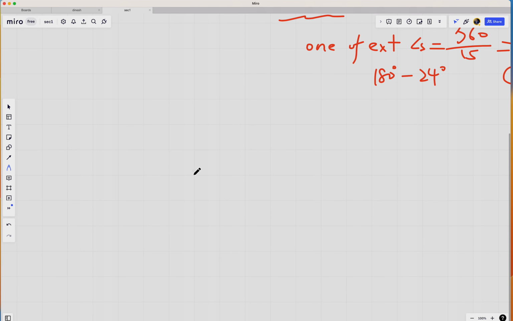Over here it says you have a regular polygon, so you need to sketch it out. Just now you talked about the 15-sided one. The exterior is how much? 24, right? Okay, good.